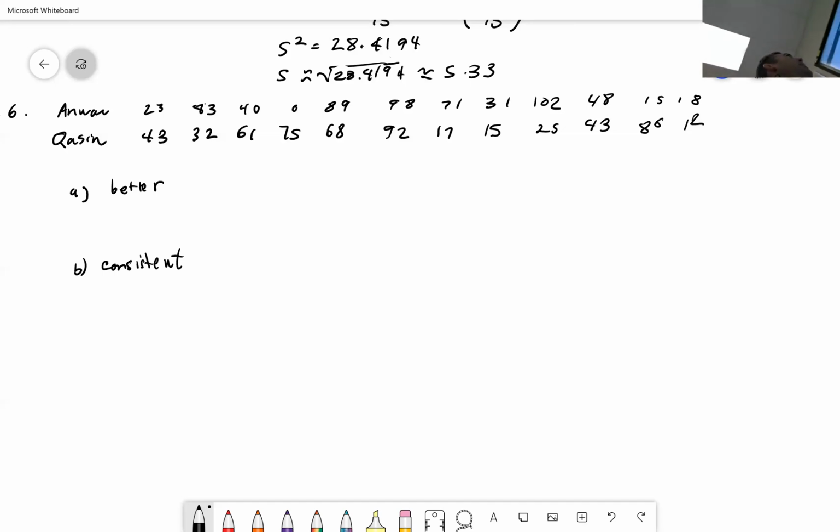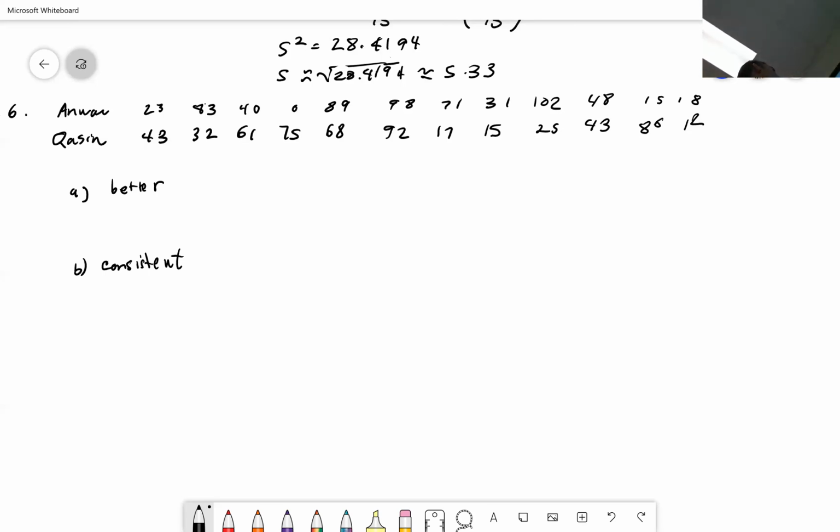So you come here, let's say, and you put the numbers 23, comma 83, comma 40, comma 0, comma 89, comma 98, comma 71, comma 31, comma 102, comma 48, comma 15, comma 18.